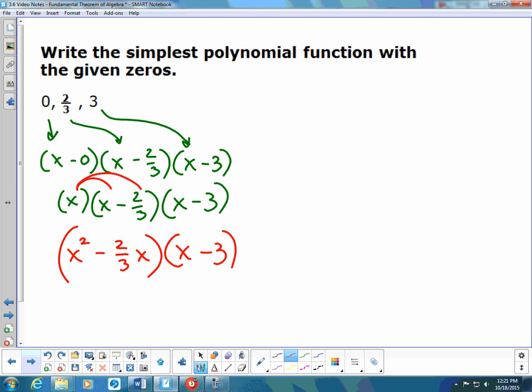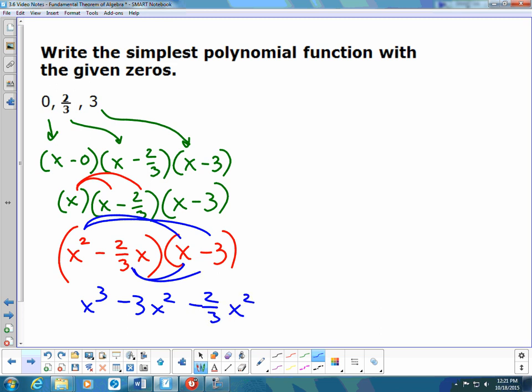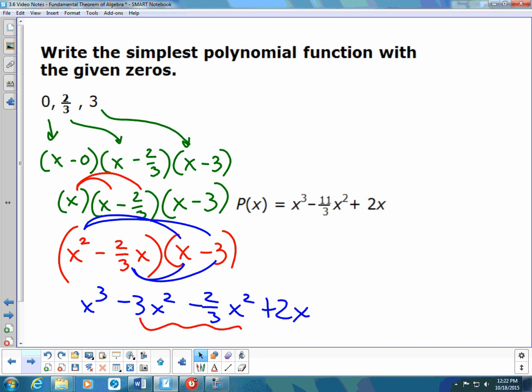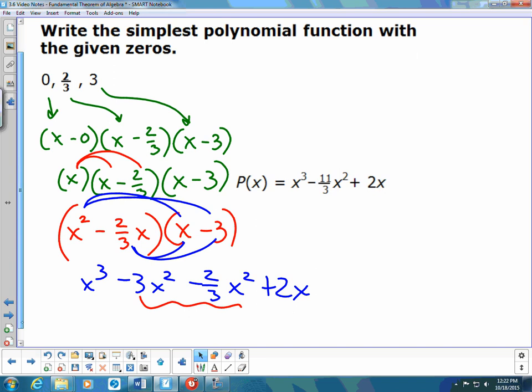If I use FOIL on that, I'll get x to the third as my first terms, the outer term is going to be a minus 3x squared, my inner term is a negative 2/3 x squared, and my last term is going to be a positive 2x. So when we combine these like terms, we should end up with x cubed minus 11/3 x squared plus 2x.